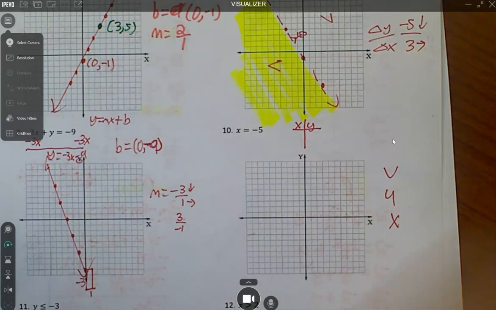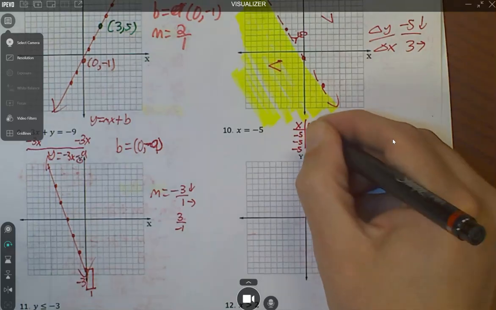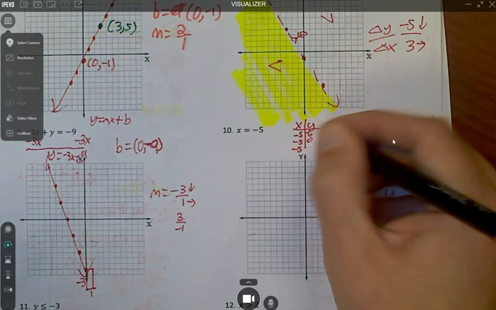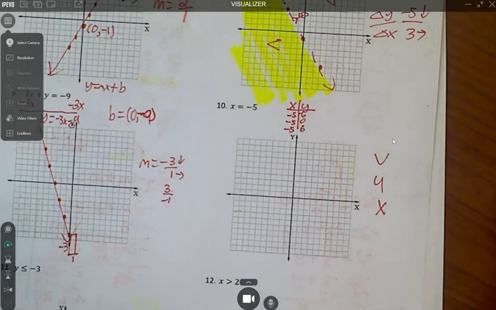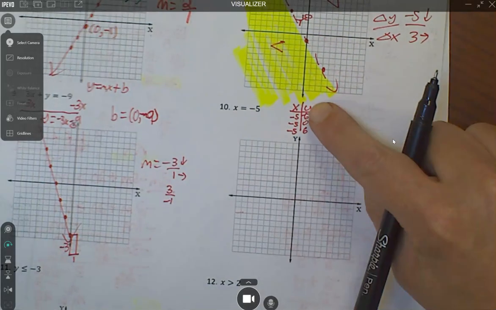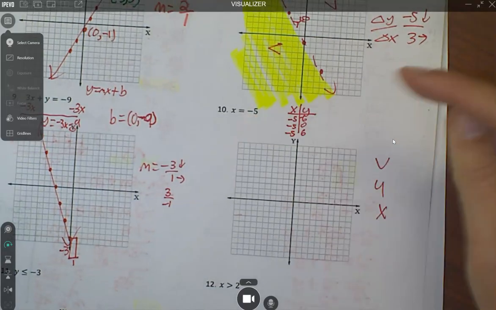When it says x equals negative 5, all these ordered pairs, nothing can be. Let's go negative 6. Okay. So why is it a vertical line? Because every single x coordinate on this line is negative 5. It's limiting us to what we can.